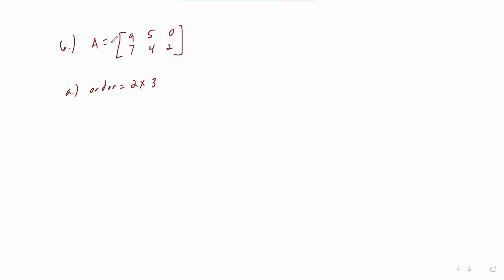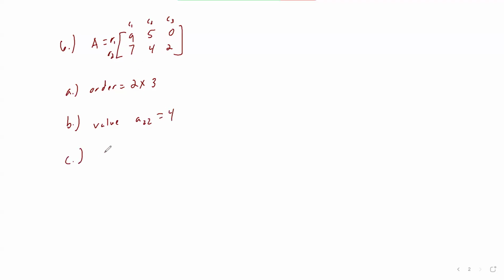You might also see people do this: R1, R2, C1, C2, C3 to represent how many rows and how many columns. You can do that if you need to. The next thing is, given this, what is the value of A22? I'd go to row 2, column 2, and that result is 4.